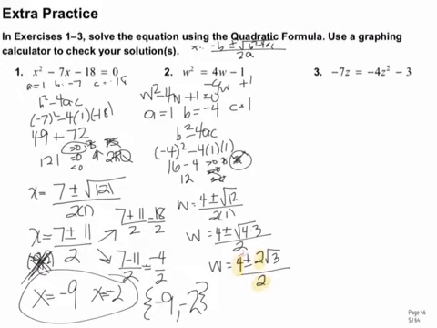Reduce that fraction. You never reduce the number inside the radical. It stays the same. But you reduce the fraction that's there. So w is going to equal 2 plus or minus the square root of 3 over 1, but I don't need that over 1. There's my answer. Okay.